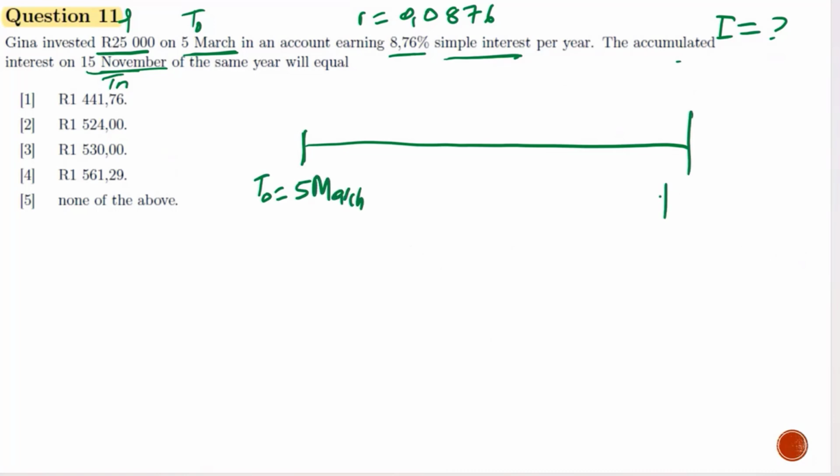You are asked to find the accumulated interest on 15th of November, that is your I. This is your TN, so you need a timeline here. Your T0 is 5th of March, and your TN is 15th of November. You are given all of these things.